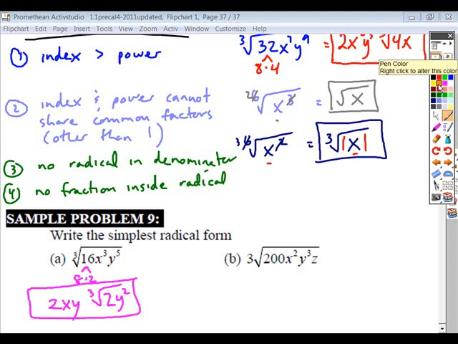Okay, the second example. Now, does everybody see the difference between this cube root 3 and this coefficient multiplier 3? Make sure that you can see that. If you're making mistakes on those, check with me, or if you have questions when you're taking a quiz in class, ask me whether something's a multiplier or an index.